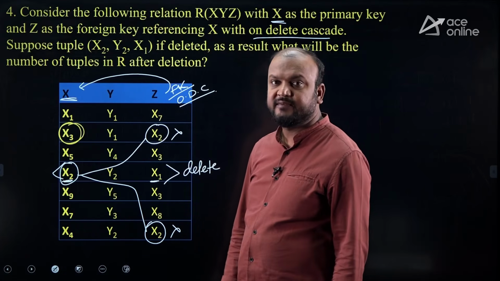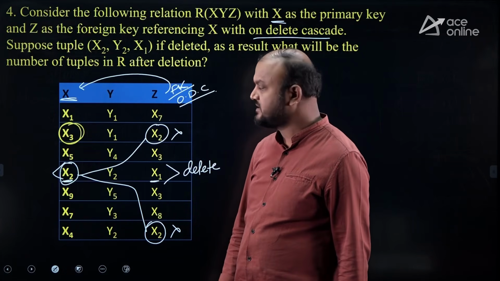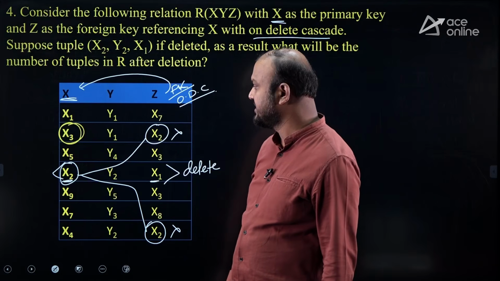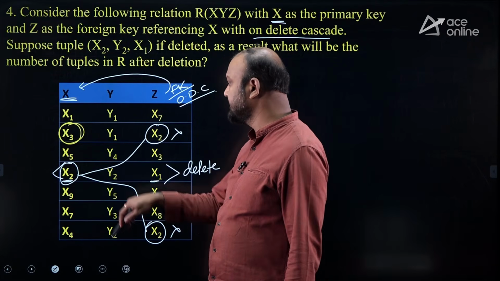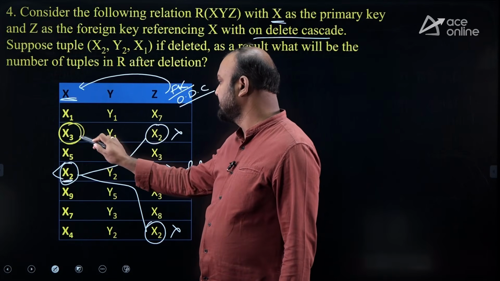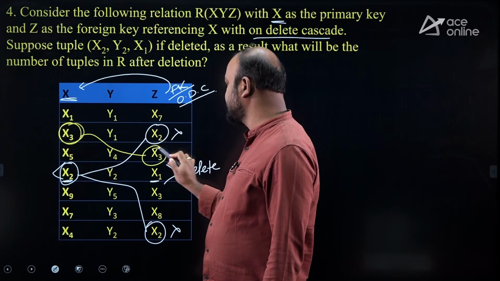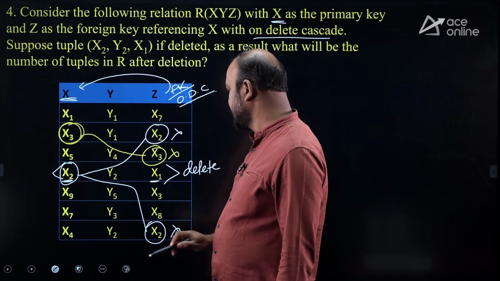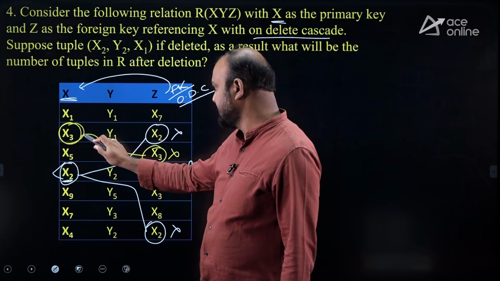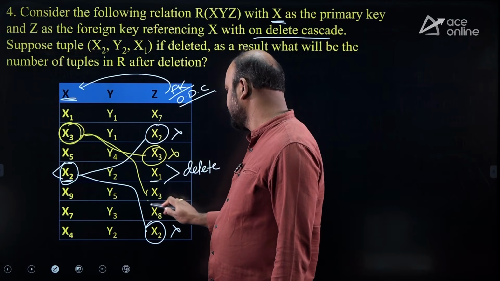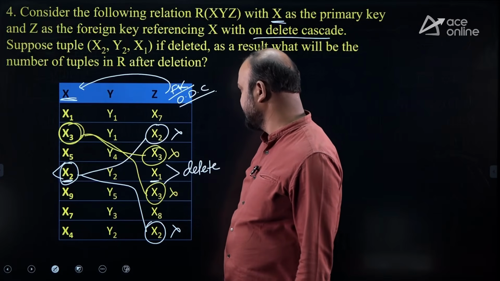Now we have to see any related tuples for this x3. That related tuple you have to check in the z column. In the z column, this is there, so it is also to be deleted. And here also, this is also there, this is also to be deleted, right?